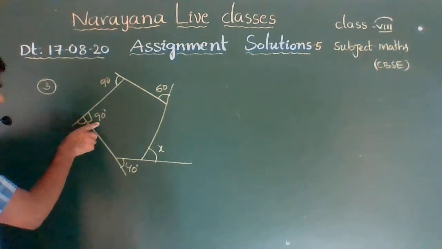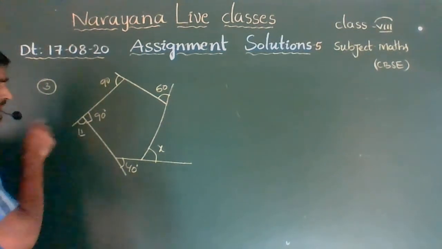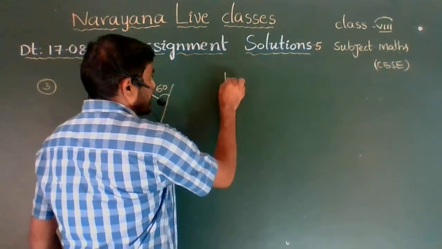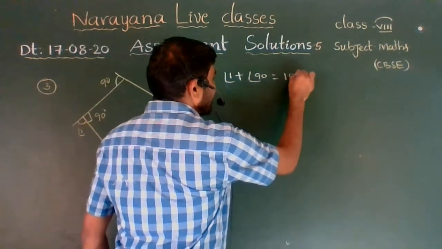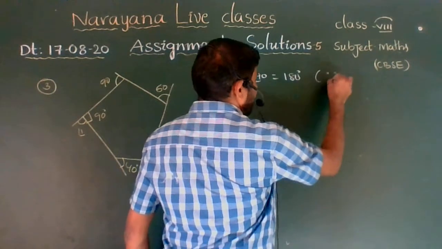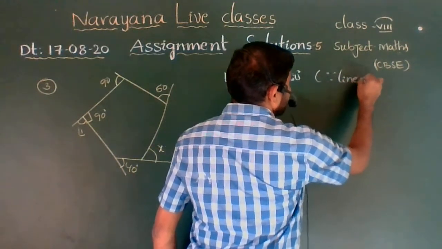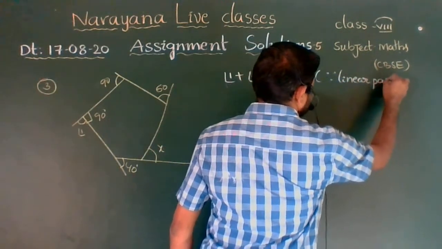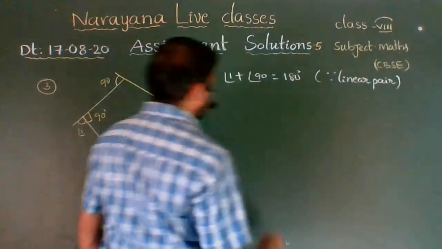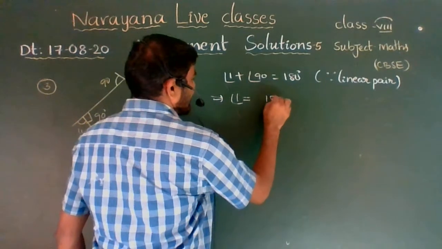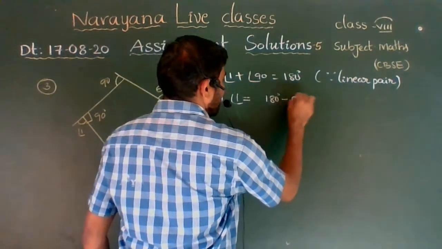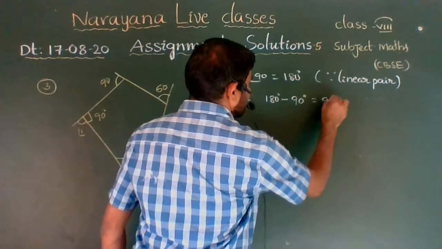Now see here, first let us find angle 1. We know that angle 1 plus angle 90 is equal to 180 degrees, since they are a linear pair of angles. So that implies angle 1 is equal to 180 degrees minus 90, which is 90 degrees.